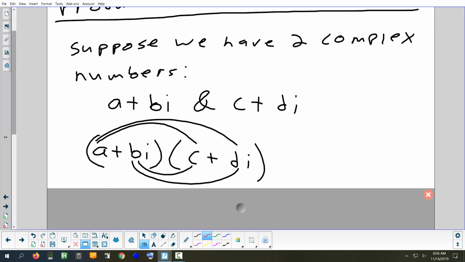FOIL stands for multiplying the first terms together, a and c, the outer terms, a and di, the inner, which is c and bi, and then the last. Now, the last is where you're going to get an i squared: bi times di. Again, a, b, c, and d will all be numbers.